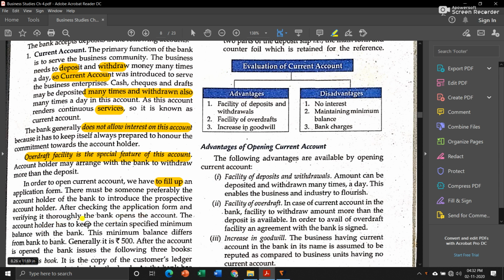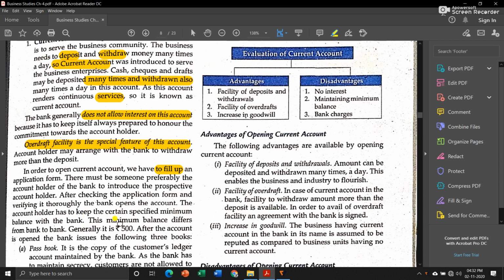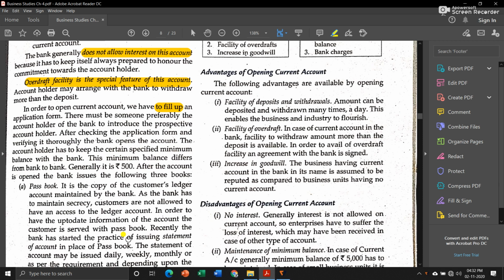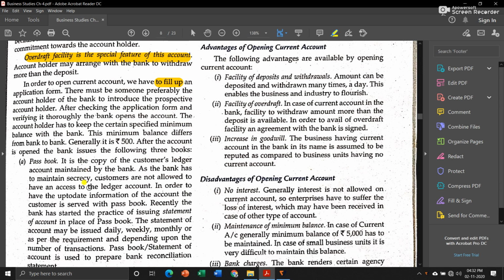The account holder has to keep a certain specified minimum balance with the bank. Now this minimum balance depends upon the bank. Generally it is 500. After the account is open, the bank issues the following 3 books. First is your passbook.